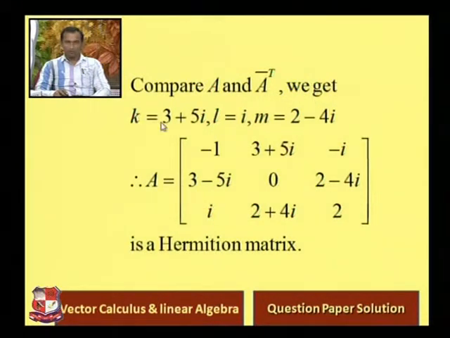We get K equals 3 plus pi i, L equals i, M equals 2 minus 4i. So therefore A equals this last matrix, substituting all the K, L and M values: minus 1, 3 plus pi i, minus i; 3 minus pi i, 0, 2 minus 4i; i, 2 plus 4i and 2. Therefore this is a Hermitian matrix.